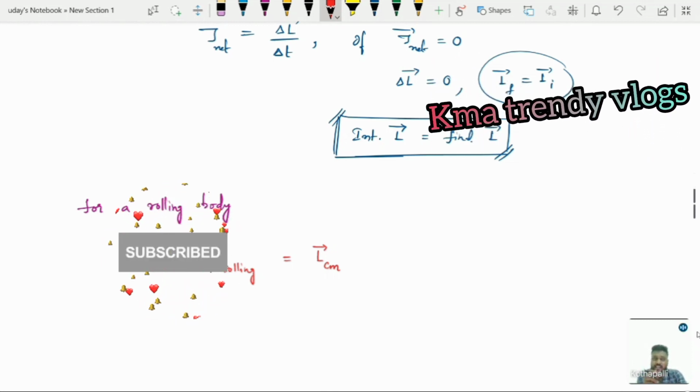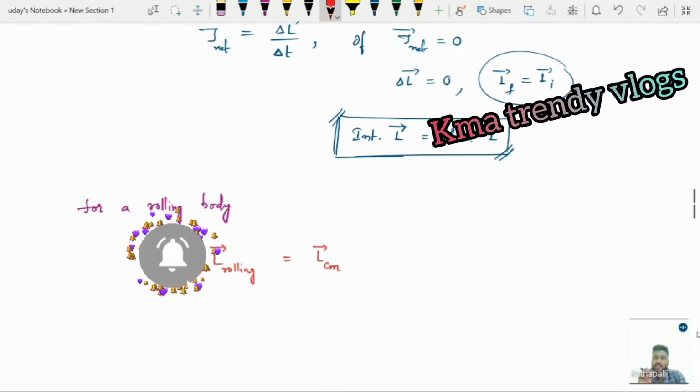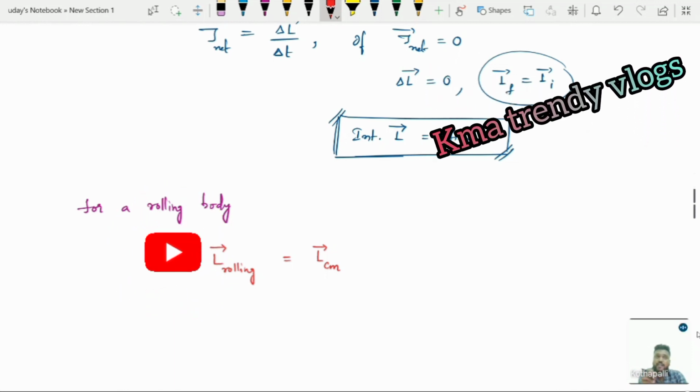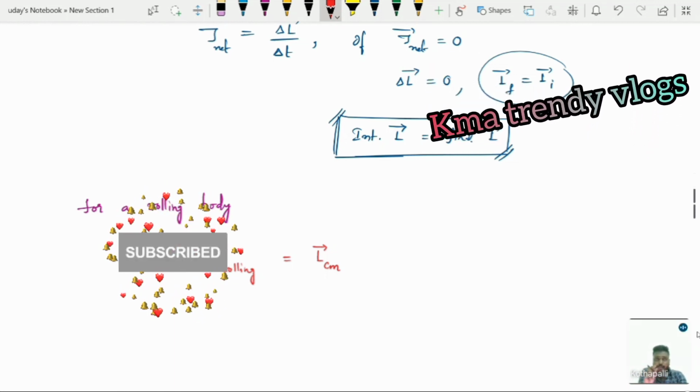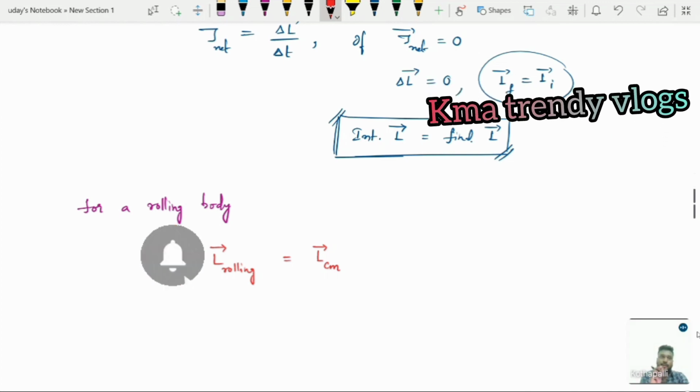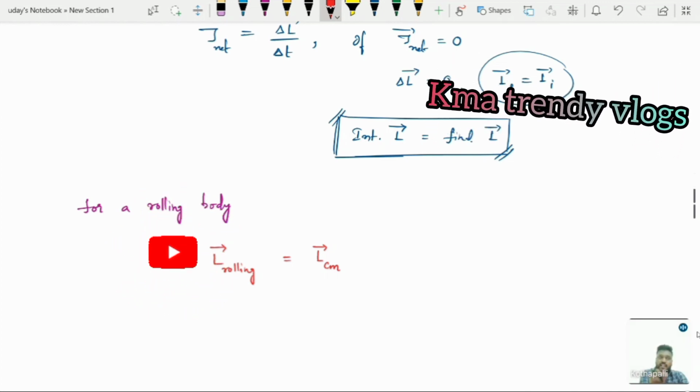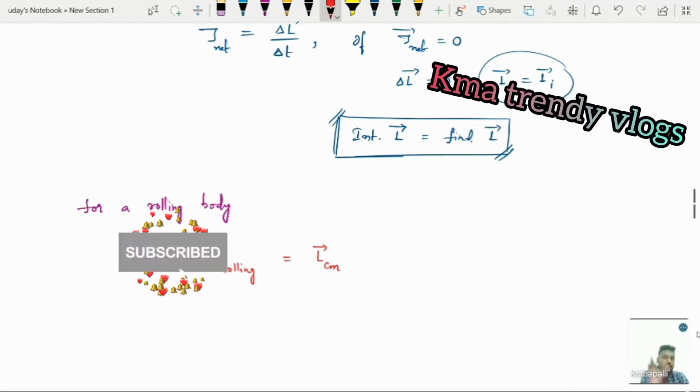So you treat the translatory motion as a point mass motion, like the entire body is considered to be a point mass located at the center of mass of that rigid body.